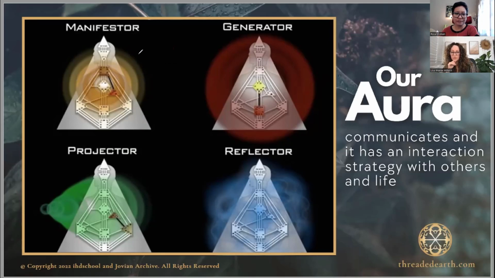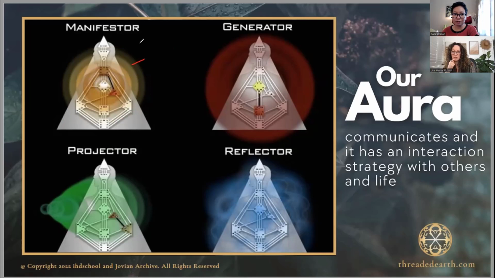The manifestor, they are here to be independent. They are like a lone wolf. The closed and repelling aura is designed to protect their independence. They are not here to be influenced by others, right?